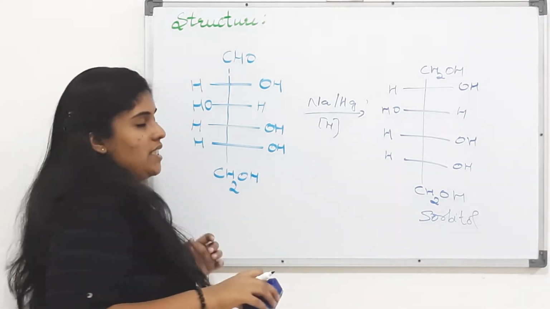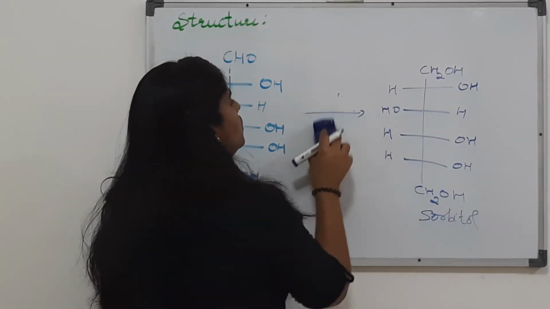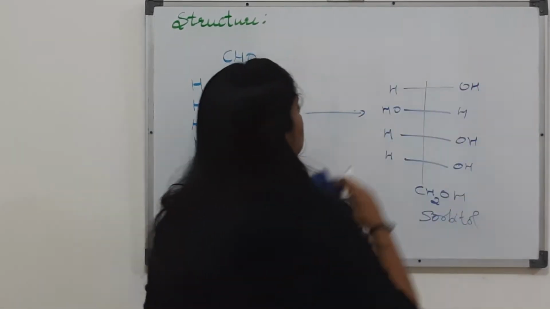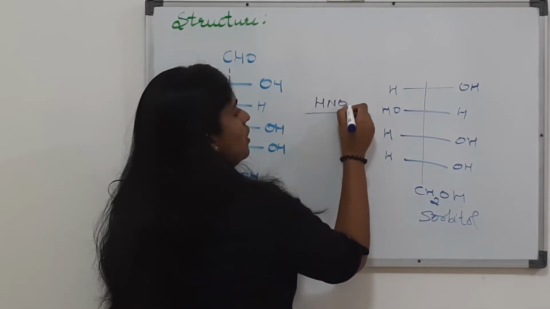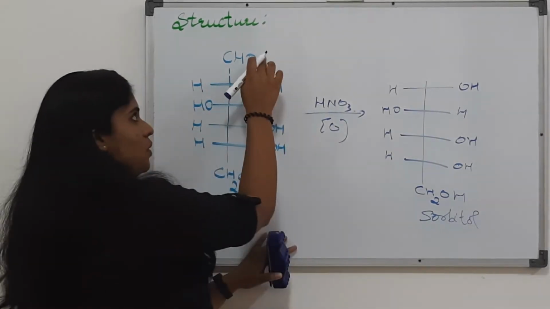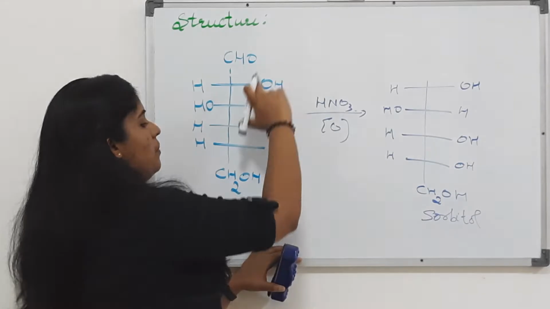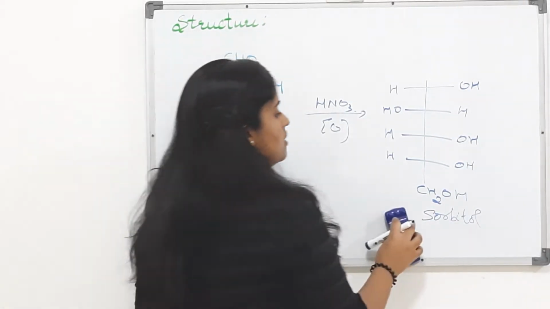And the final reaction that we learned was the treatment of glucose with a strong oxidizing agent like HNO3. On treatment with strong oxidizing agents like HNO3, both the CHO unit as well as the CH2OH unit, the primary alcohol as well as the aldehyde group, got oxidized.